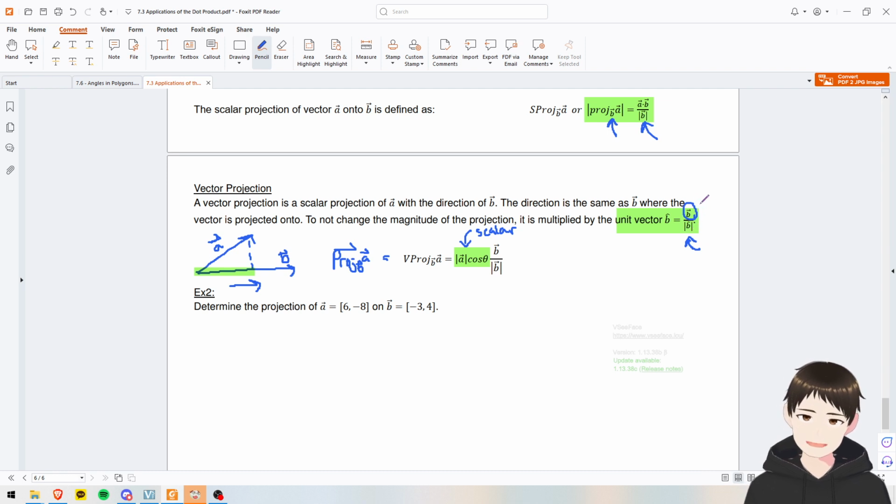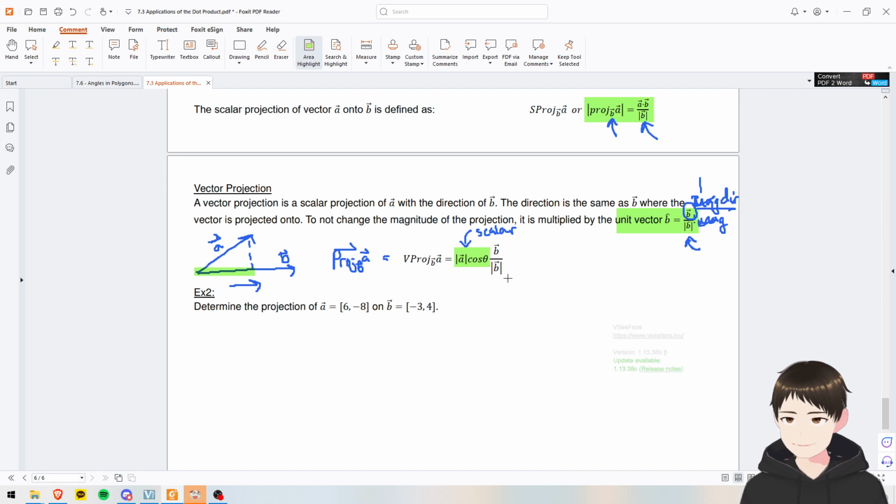So it's basically magnitude with direction divided by just the magnitude. So the magnitude divided by magnitude becomes 1, and all I have is a direction left. So do the scalar projection and then multiply by the unit vector of the vector the shadow is cast on.